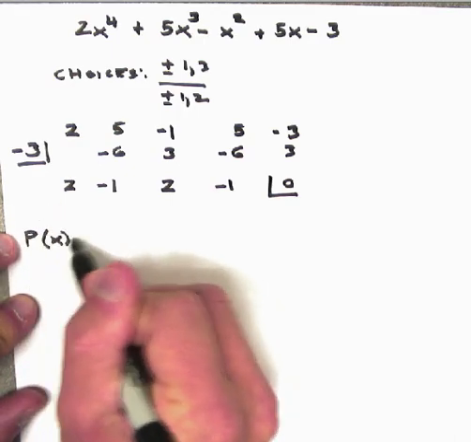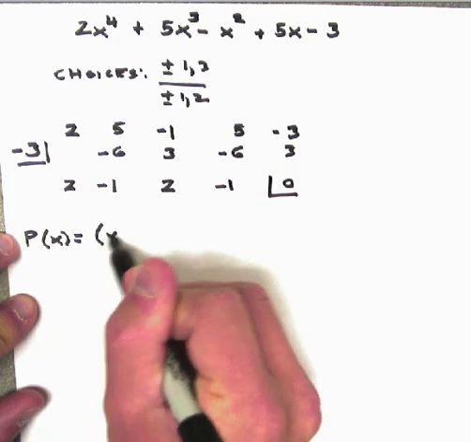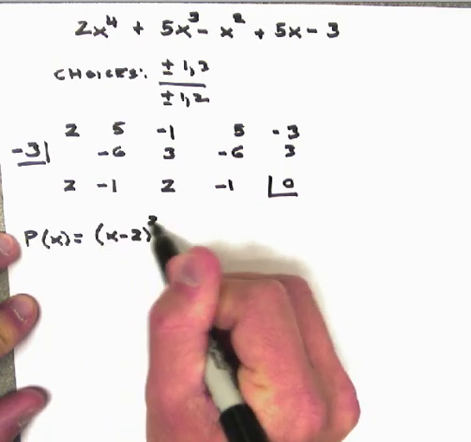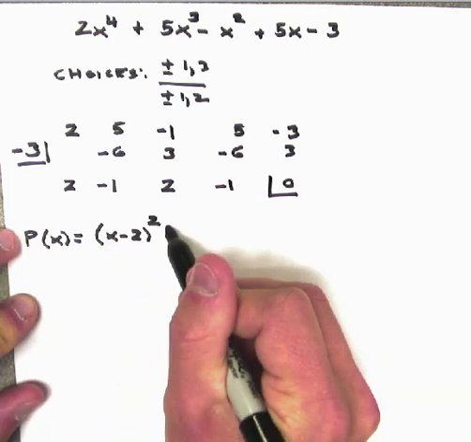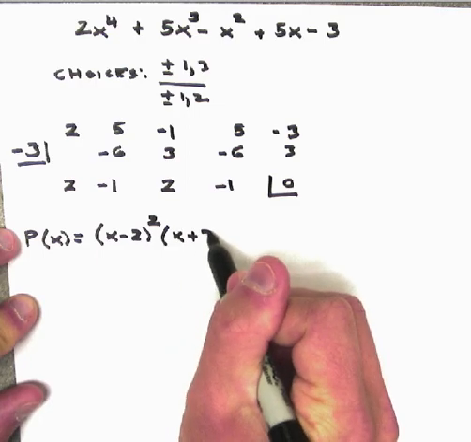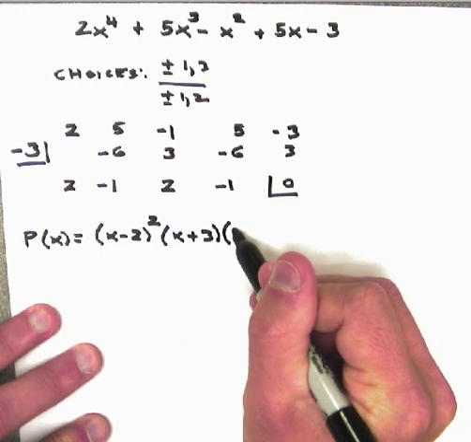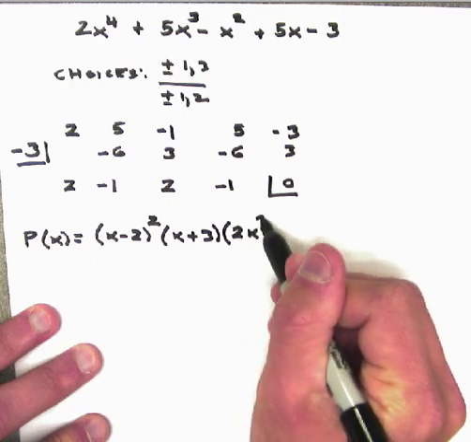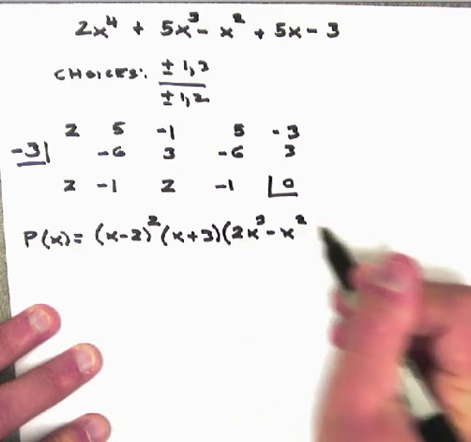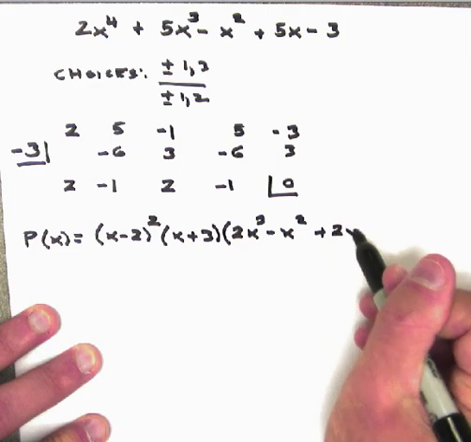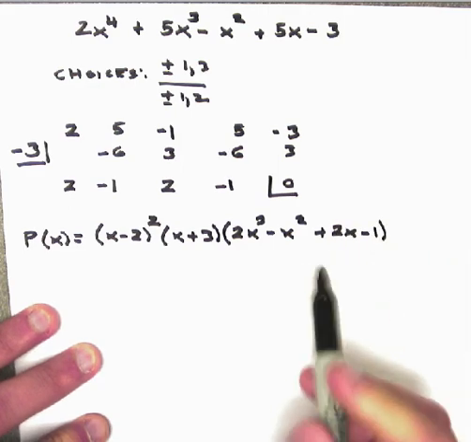So going back to our original p of x, we had 2 factors of x minus 2. I'll now write that as squared. We can add a factor of x plus 3. And what's left is 2x cubed minus x squared plus 2x minus 1.